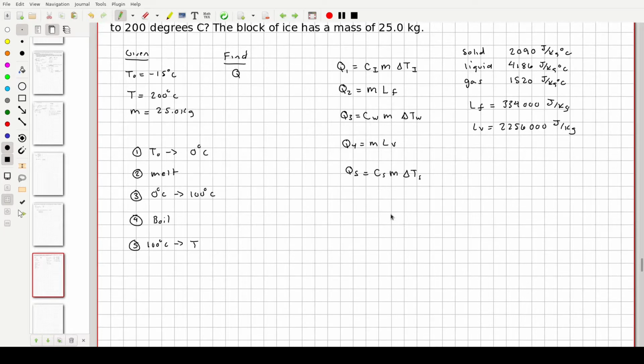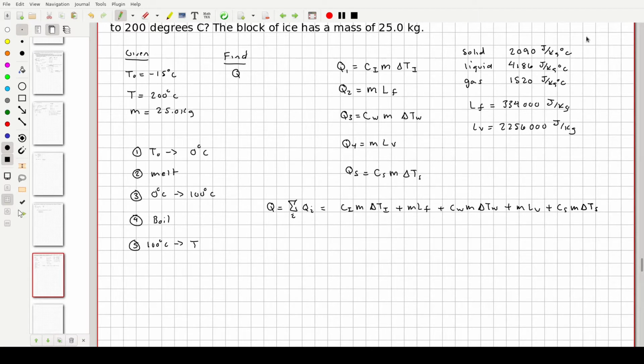So, let's just add up our heats to find the total heat. That's going to be the sum of all the heats, of which we have C_i m ΔT_i plus m L_f plus C_w m ΔT_w plus m L_v plus C_s m ΔT_s.